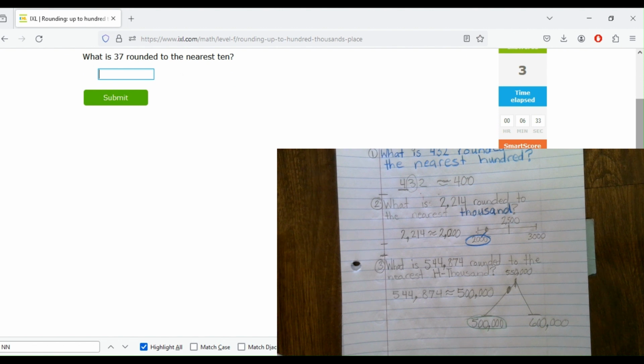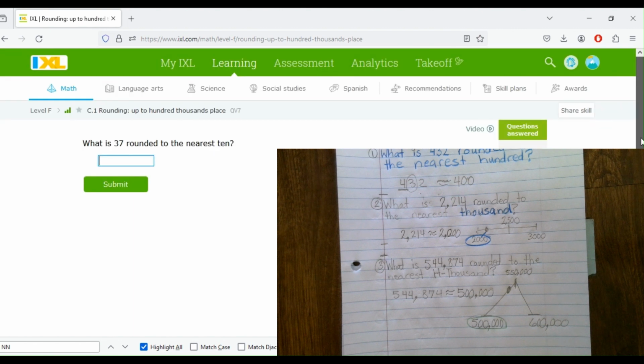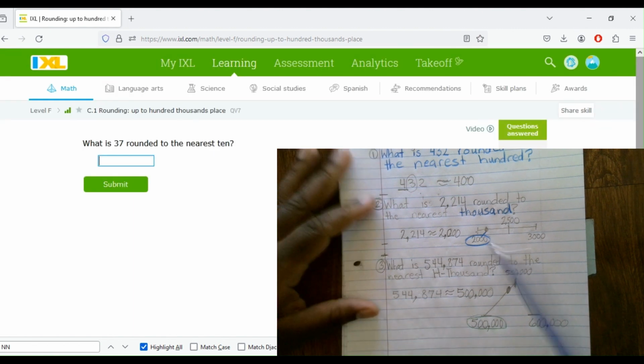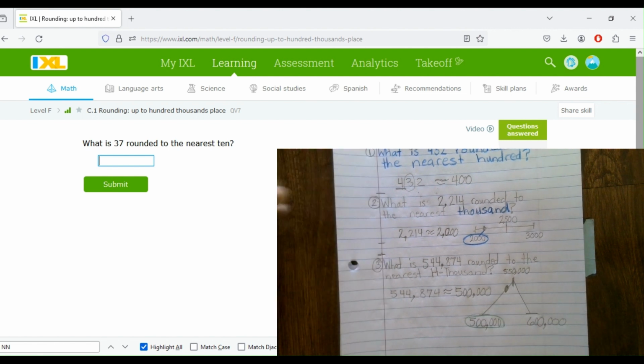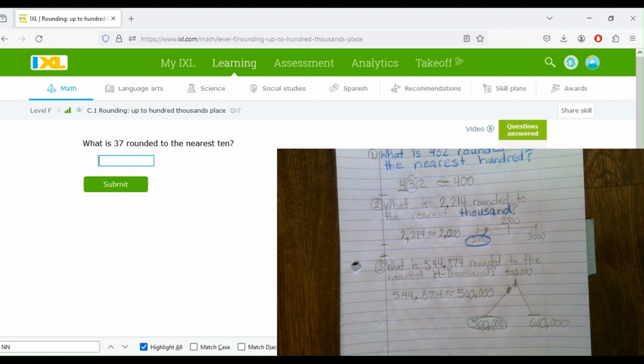Numbers in front stay the same. Numbers behind turn into zeros, they change. You can use a traditional number line. You can use a V line. Any way you want. But this will be how you'll show your work for the rounding questions in Spring Break assignment number 2.